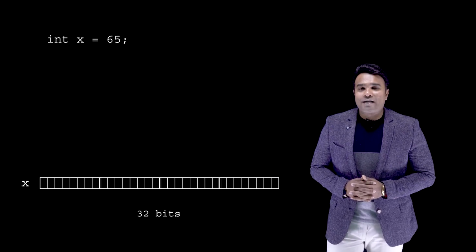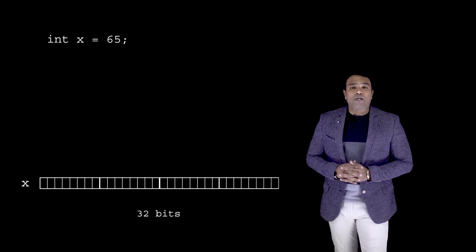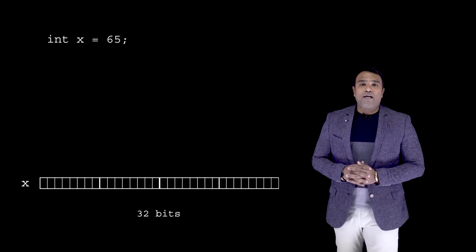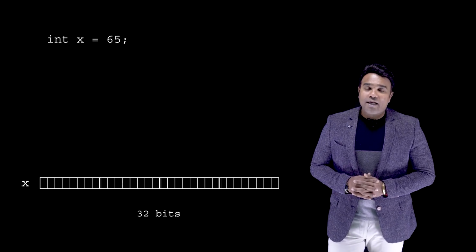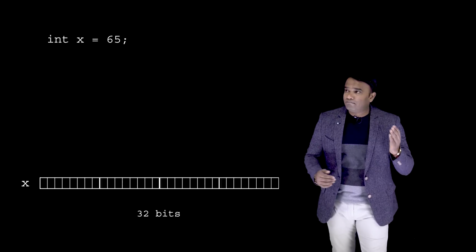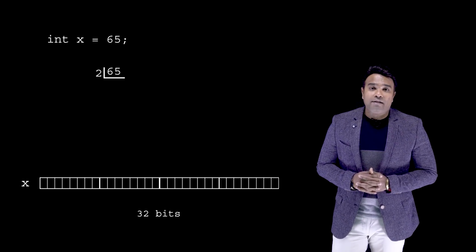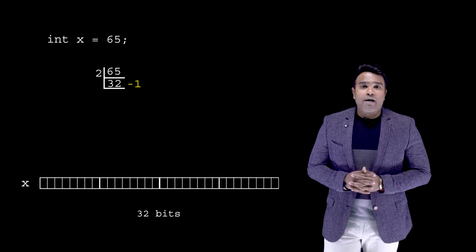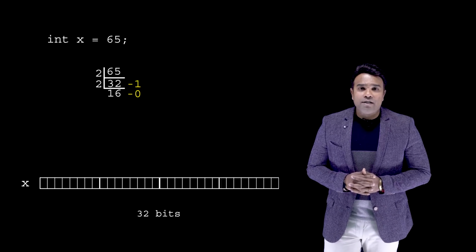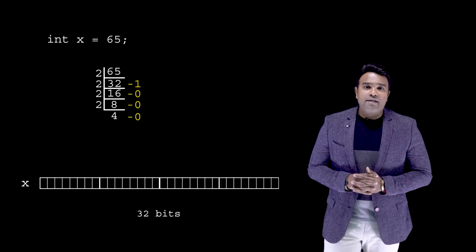Well, you know that we can only store the data in the bits in the form of zeros and ones, which means that 65 has to be converted to the binary form if we have to store it in the memory unit. And how to convert it to the binary form? Like this. 65, we have to divide by 2, and I get the remainder as 1. Again divide by 2, remainder is 0. Divide by 2, remainder is 0. Divide by 2, remainder is 0.